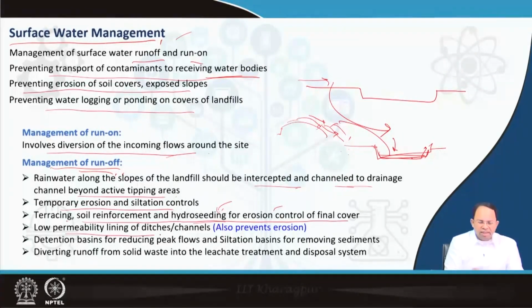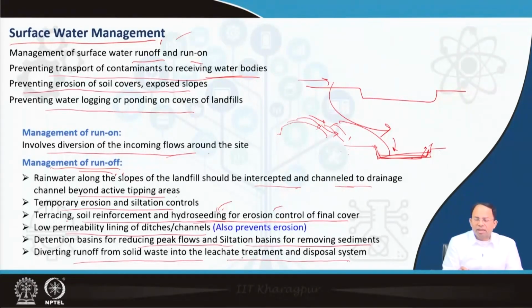Then there is low permeability lining of ditches and channels. All the drains that we create on the site should have low permeability, along with detention basins for reduced peak flows and siltation basins for removal of sediments. This could be the same detention and siltation basin, or different ponds designed for different purposes. Runoff from the solid waste is diverted into the leachate treatment and disposal system.